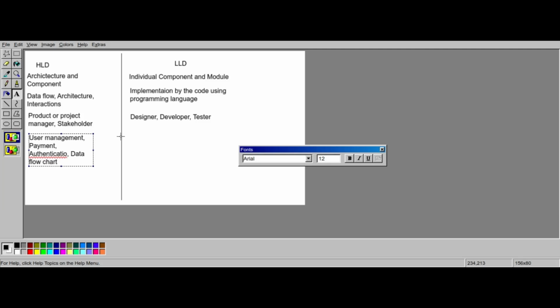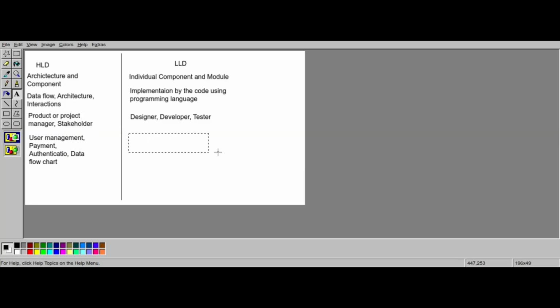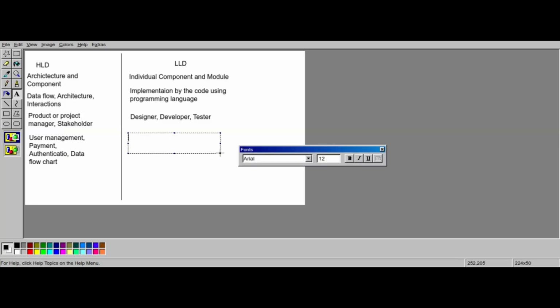Low level design examples are database schema, API implementation, and code.